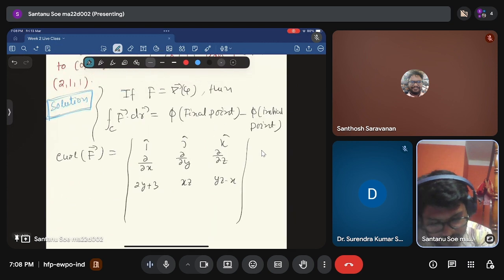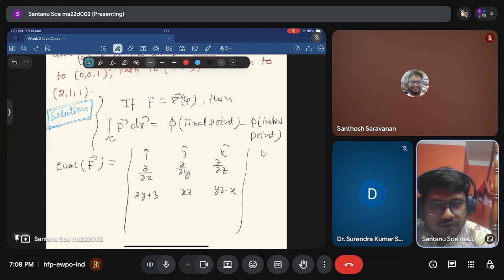If curl of F is 0, then F is just the gradient of phi, and we can easily find the line integration. That's why it is necessary to check if the curl of F is 0.